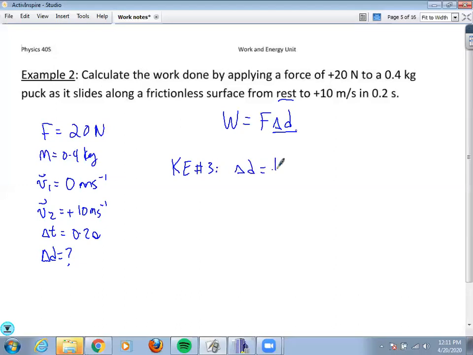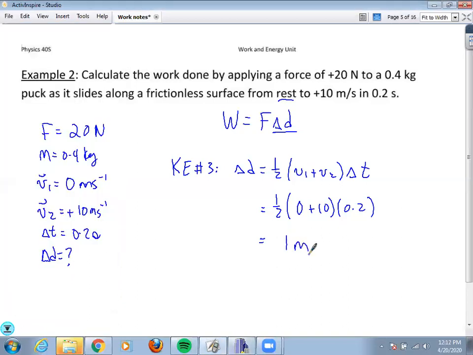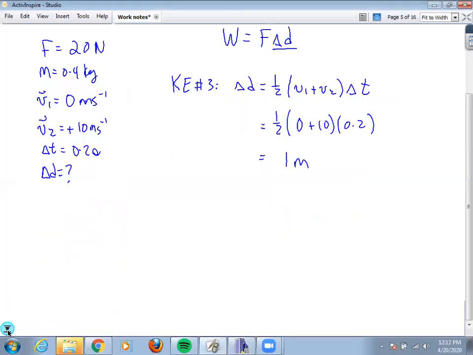Delta D is 1/2 times V1 plus V2 multiplied by delta T. So we can go ahead and figure that out first. So 1/2 times 0 plus 10 times 0.2 seconds. So 0.5 times 10 times 0.2 is 1 meter. That works out very nicely.